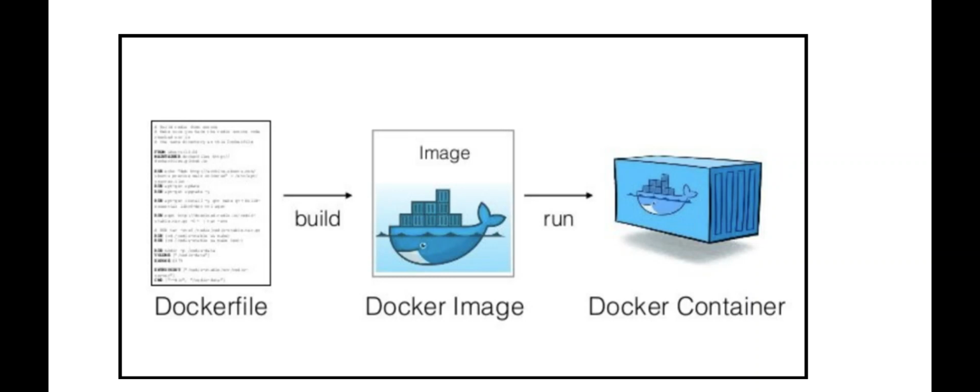So each such instruction creates a layer on top of the base image. Think about it like peeling an onion. Each layer of the onion, you can correlate to each layer in this image. Each instruction is actually creating a layer.